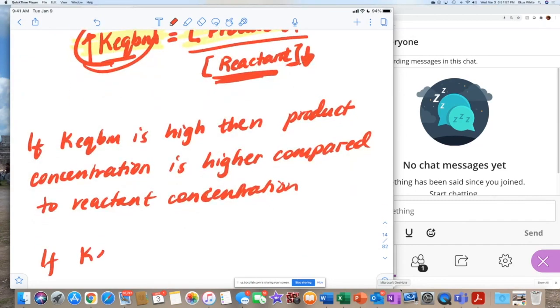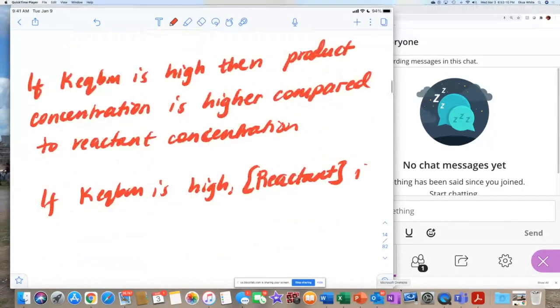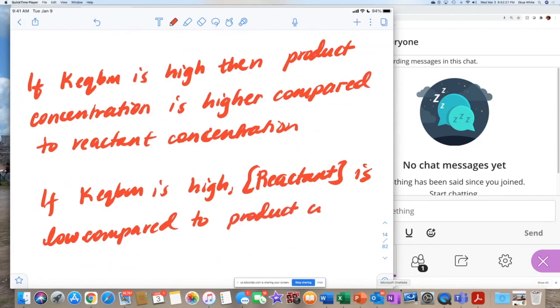So if K equilibrium is high, reactant concentration is low, right? Is low compared to product concentration. I should at least write here concentration. The symbol here means concentration, right?